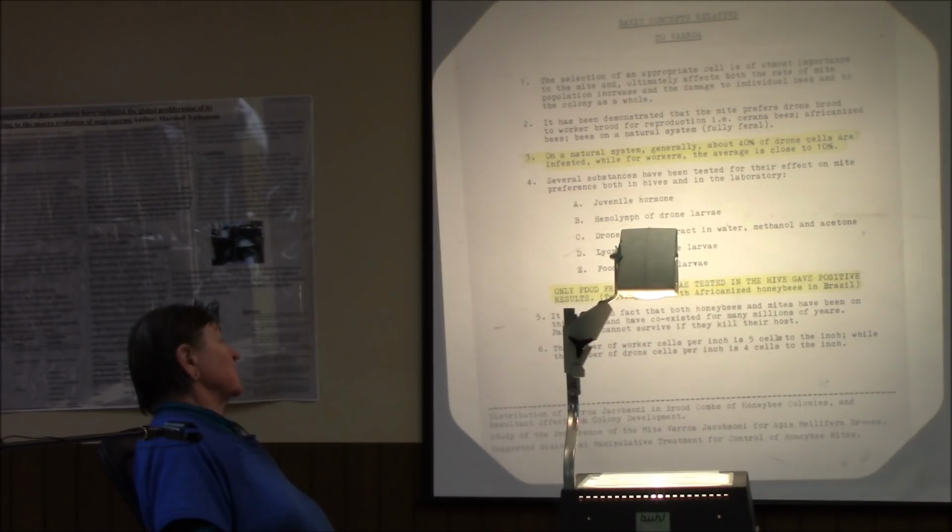You have your drone larva and food from drone larva. But I wouldn't say that they take the drone larva and stir it up and just try and say, here, you know. Our government don't do that. Only food from drone larvae tested in the hive gave positive results.